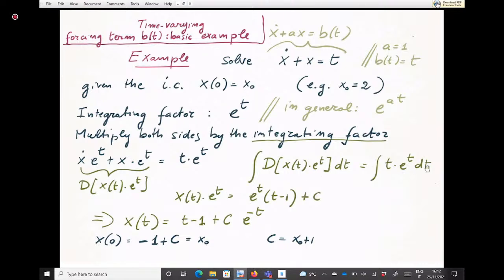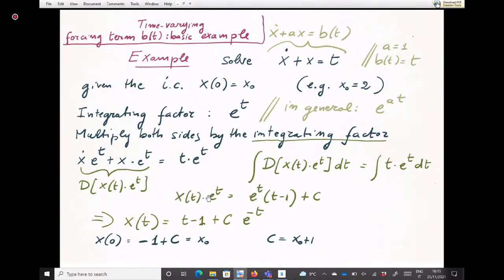So basically, this is probably the easiest integral to be computed by parts. The result of this is exponential of t times t minus 1. You can try this as an exercise, this integral by parts. So this is your f, this is your g prime. Exponential of t times t minus 1. So we have this. Now, we want to find x(t).